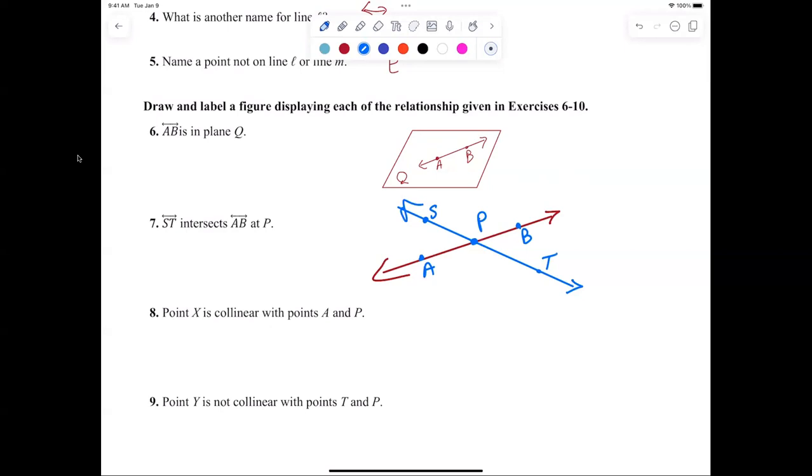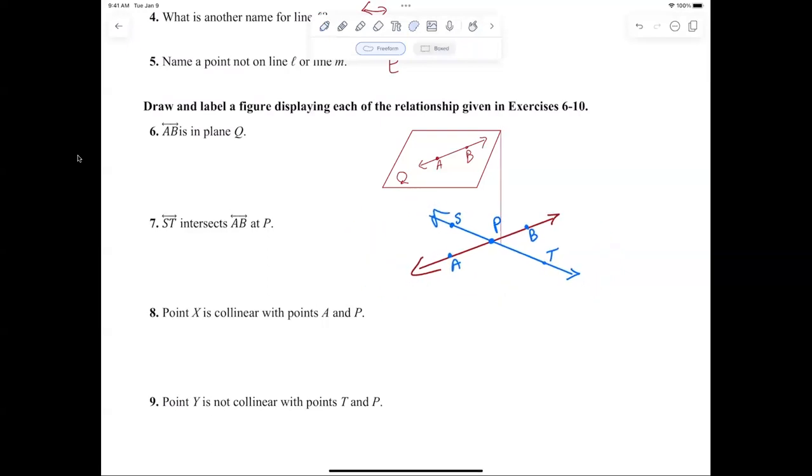Obviously, it doesn't matter how you have it arranged. All right, yours is supposed to look a little bit different, but that's just what we want. Something similar.